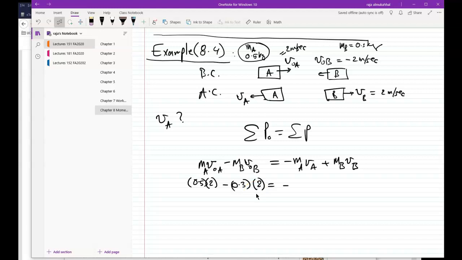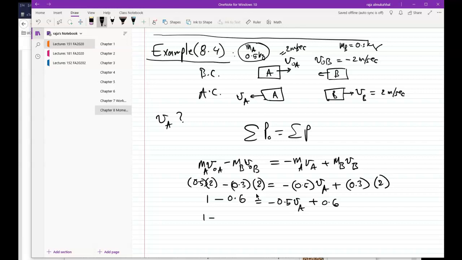M sub A is 0.5, we said. V sub A is still unknown to us, plus M sub B is 0.3 times V sub B is 2. And there we go. The rest is really easy. So now I have 0.5 times 2 is 1. This is minus 0.6 equals to minus 0.5 V sub A plus 0.6.